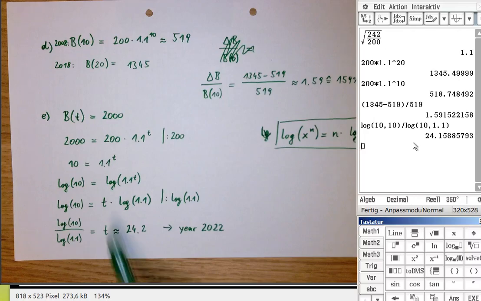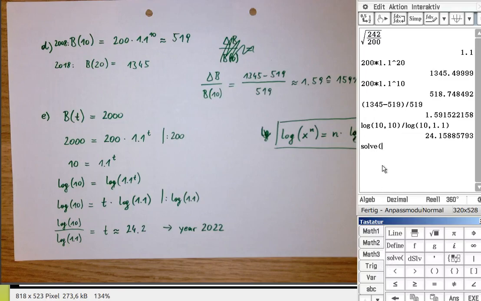If you don't like this logarithm stuff, then you could also just use the solve function of your calculator. Here it is. We have the solve function of our calculator.